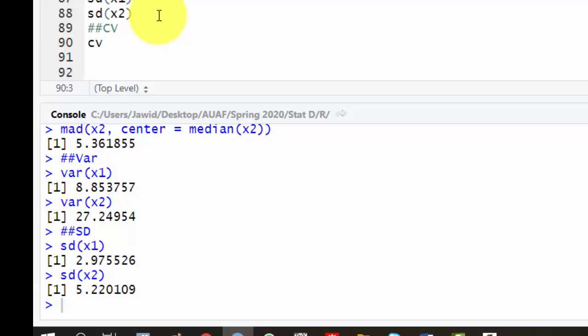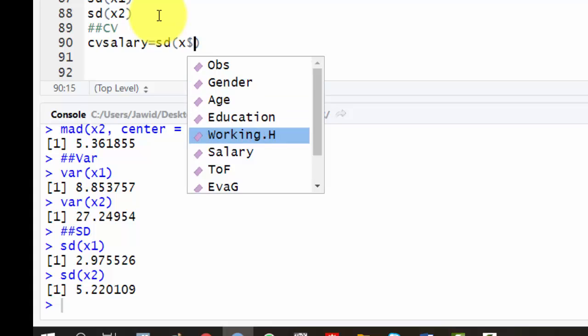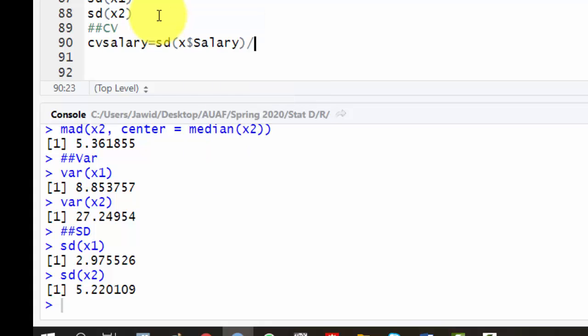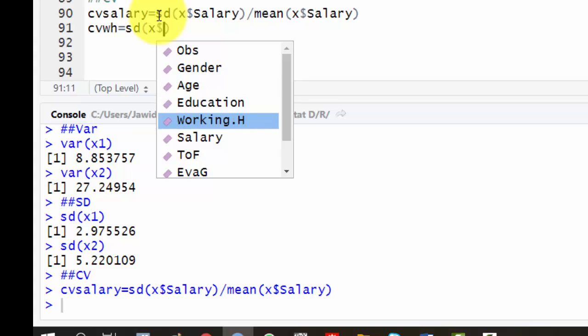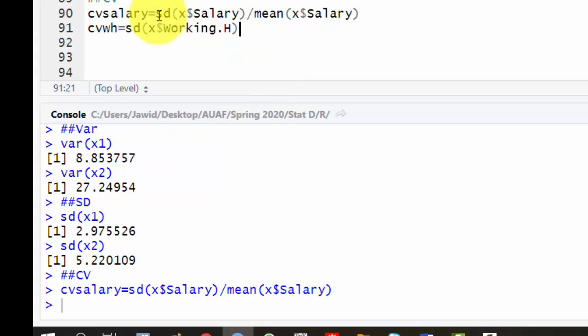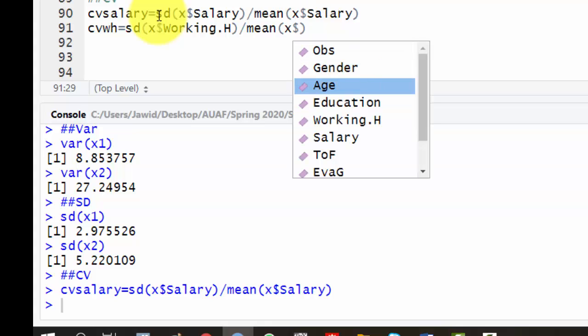CV of salary is nothing but the standard deviation of x salary divided by the mean of x salary, and CV of working hours is the SD of x working hours divided by the mean of x working hours.